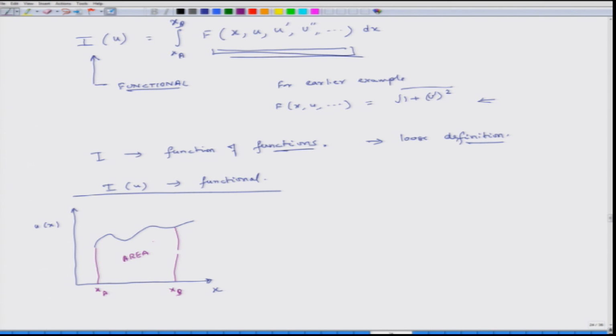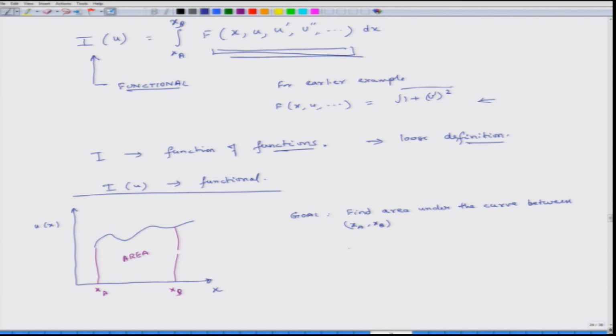So, suppose I am interested in finding the area under the curve. So, the goal is to find the area under the curve between x_a and x_b.